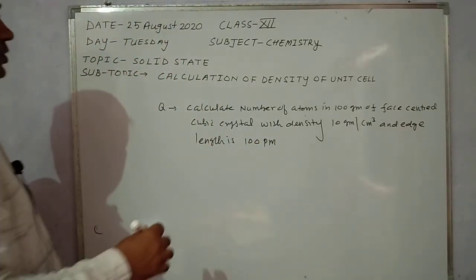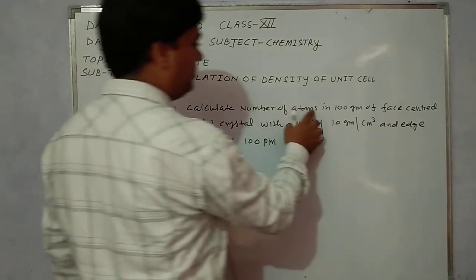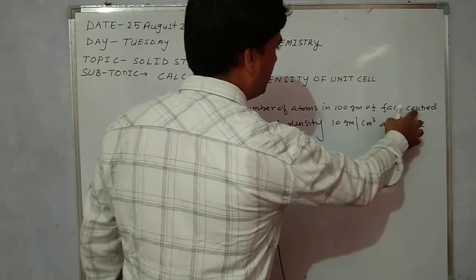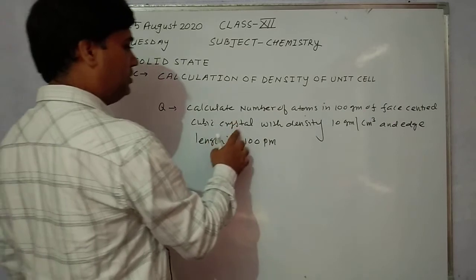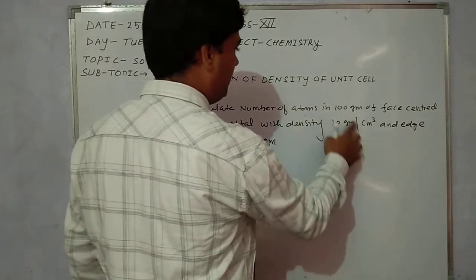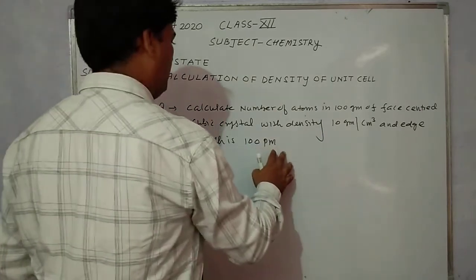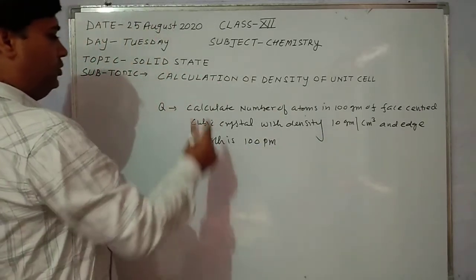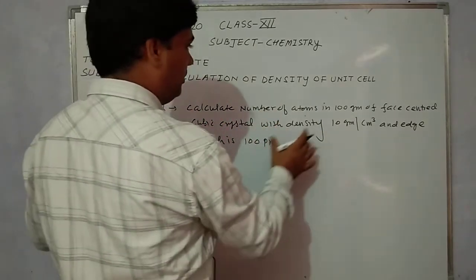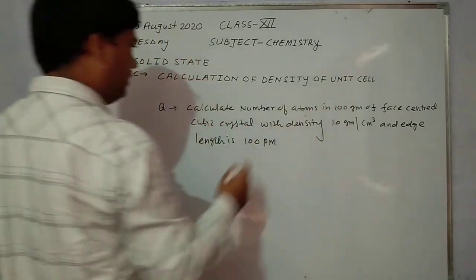Okay, so you have to calculate the number of atoms in 100 gram of face centered cubic crystal with density 10 gram per centimeter cube and edge length 100 picometer. So first you are required to write the values which are given.